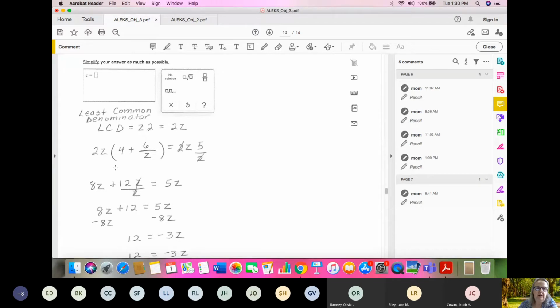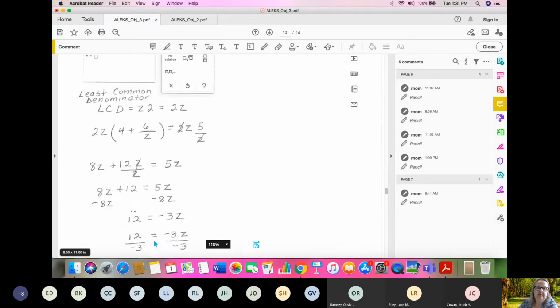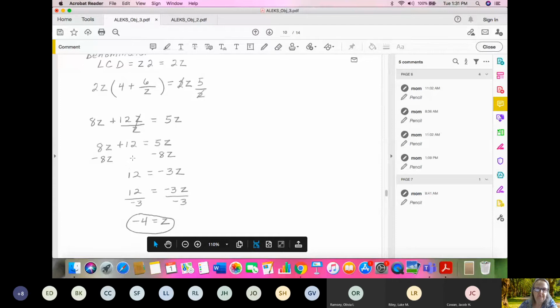So this is 2 times 6, which is 12. So the z ends up here, and then we have a z down here. So that z divided by z is 1 times 12 is just 12. So we have 8z plus 12 on this side equals 5z on this side.